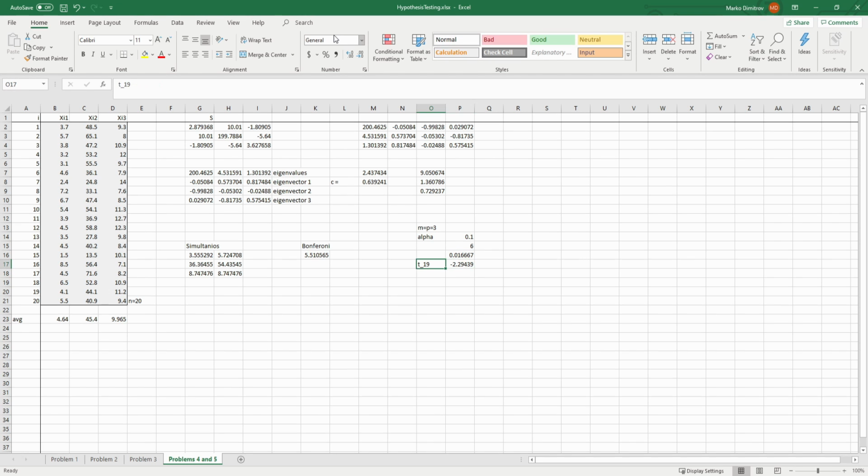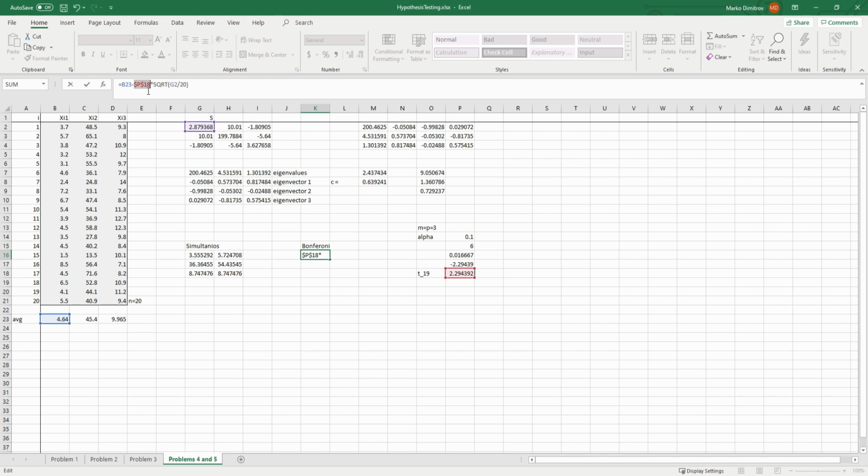This is the left tail, but we need this times minus 1. We need the right tail. So we actually need this value, not the previous one. This one. Okay, now we can compute.